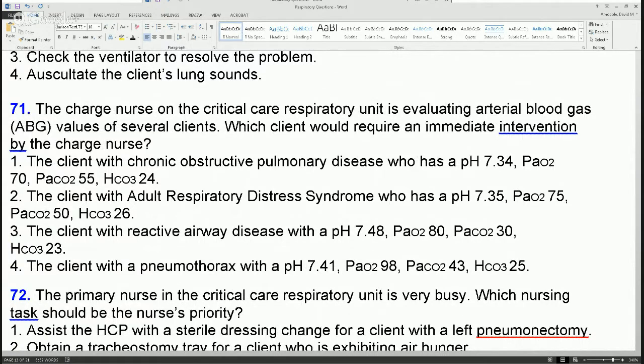You can throw two of them out right away. Three. Yep, 3. ABG shows respiratory alkalosis. The nurse should assess the client first, determine if the client is hyperventilating, in pain, or has an elevated temperature.